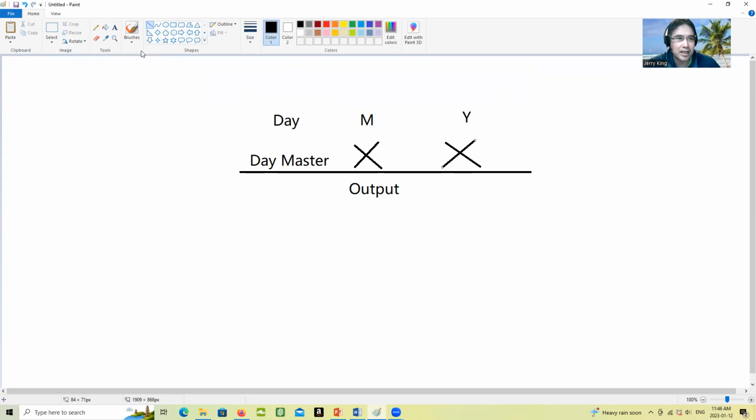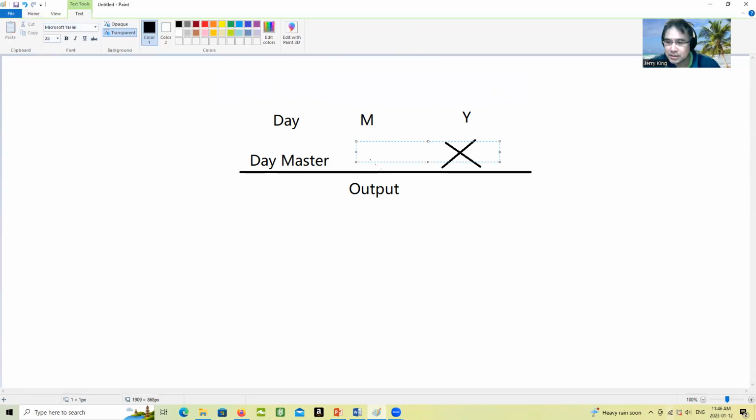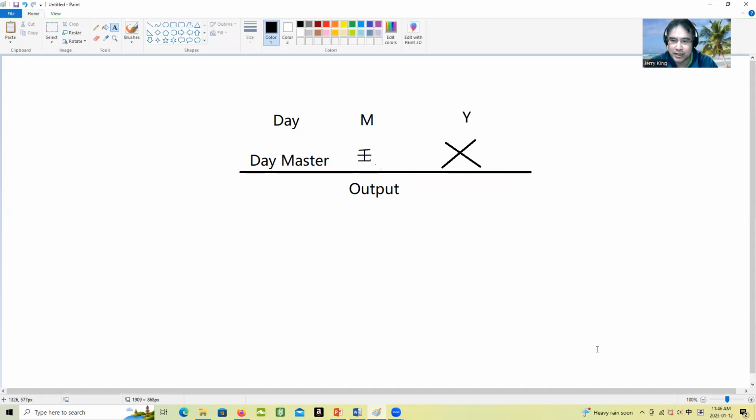Let me give another easy example here with this little eraser. Let's say your output is Ren water, so I have Ren here, and I'm going to erase this one as well. That should be enough.